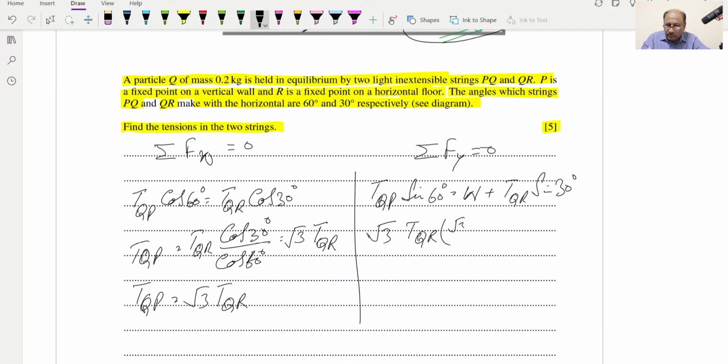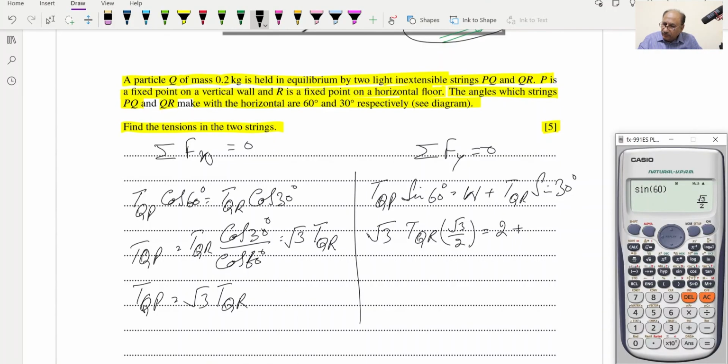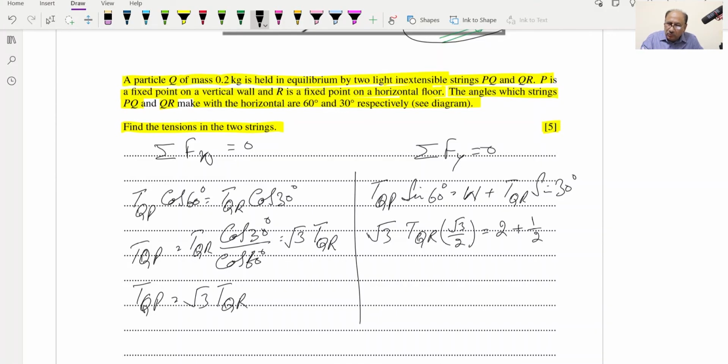So we multiply this by under root 3 by 2, and this will be equal to weight, 0.2 into 10, which is 2, plus TQR sine of 30. Sine of 30 degree is equal to 1 by 2, so 1 by 2 TQR.